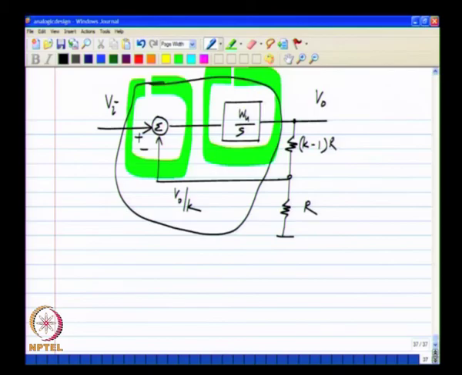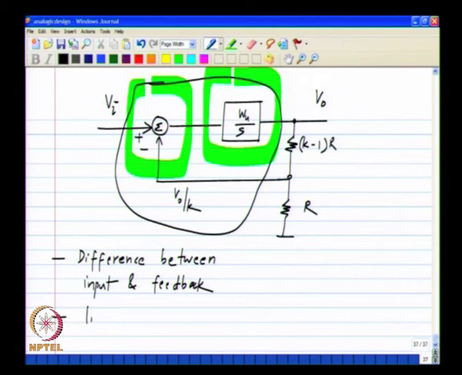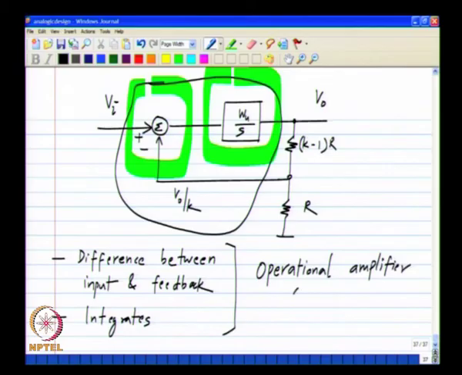So, a block which does sensing of the difference between input and feedback, and also integrates the difference, such a block is known as an operational amplifier, or an op amp for short.